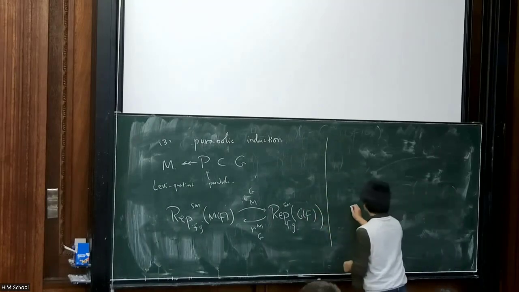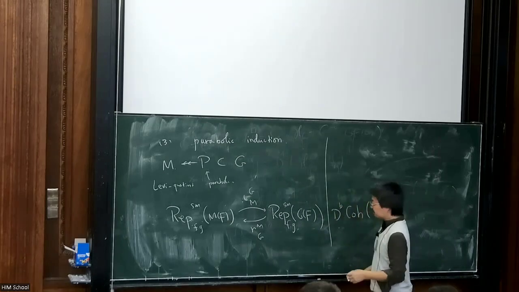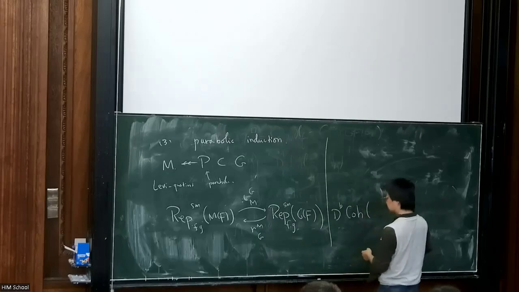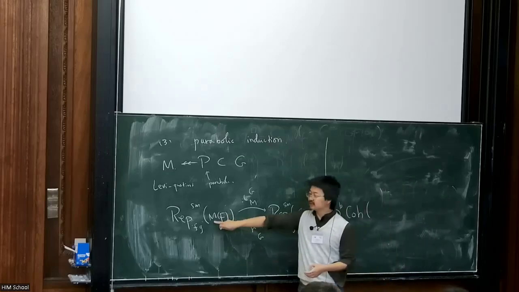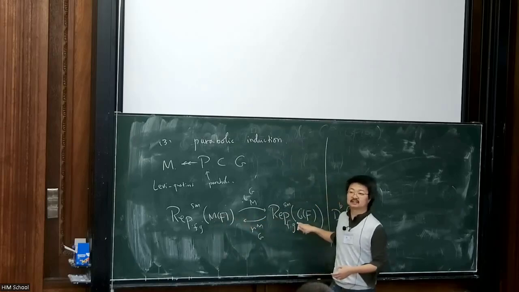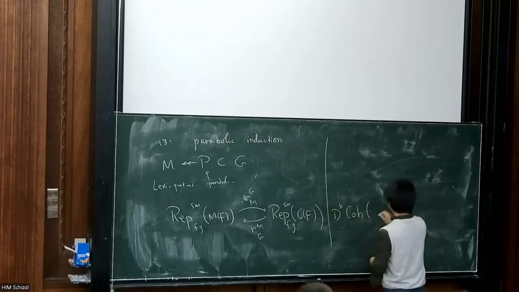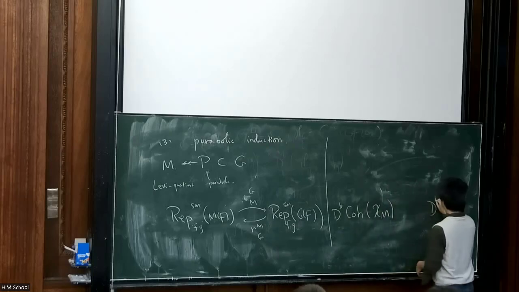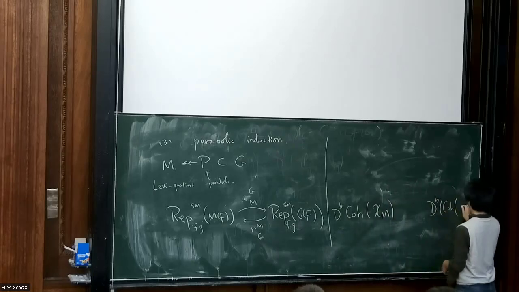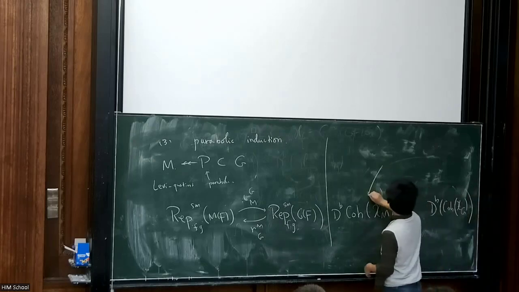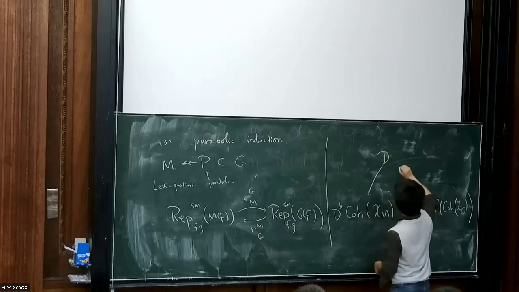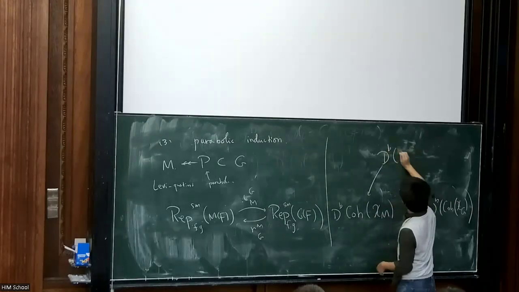But the point here is it's not what you might think in the naive local Langlands, where you embed the L-group M hat into G hat, and it's not induced by the map from M hat to G hat. It turns out what you need is a stack for the parabolic.